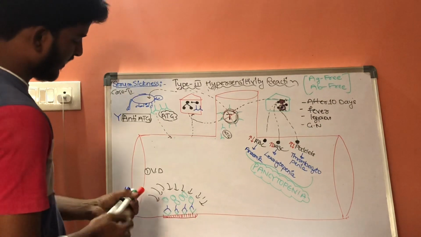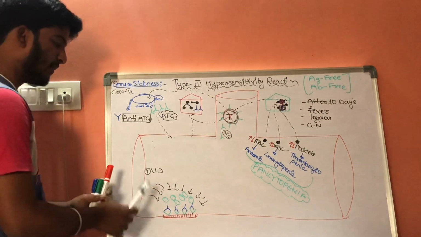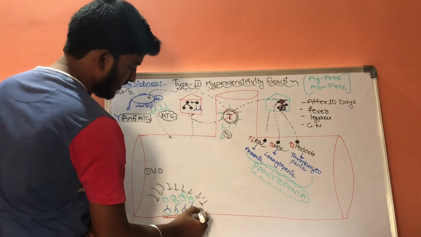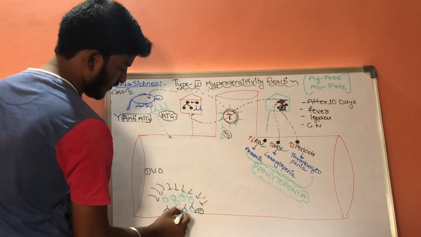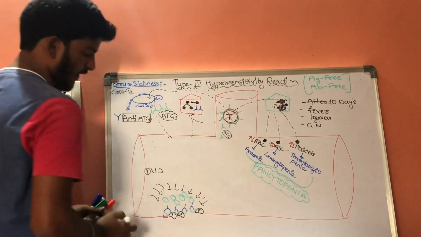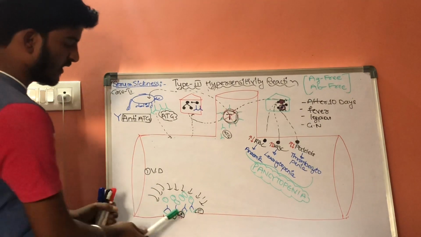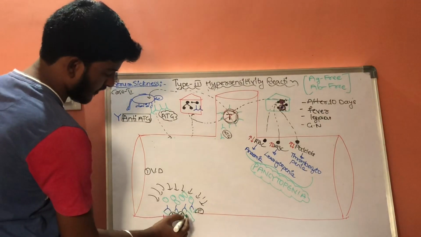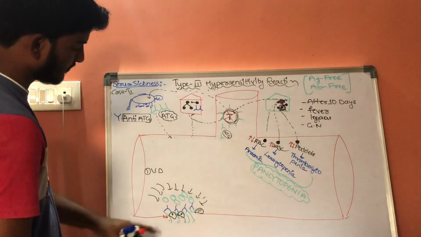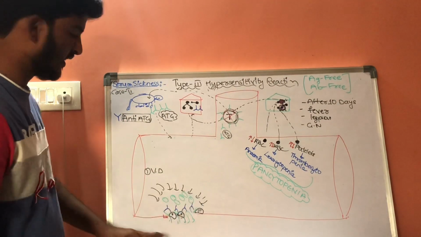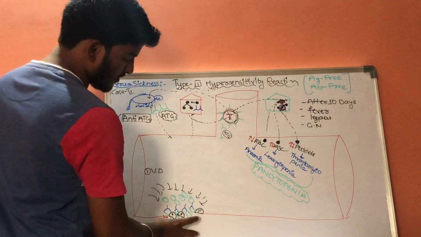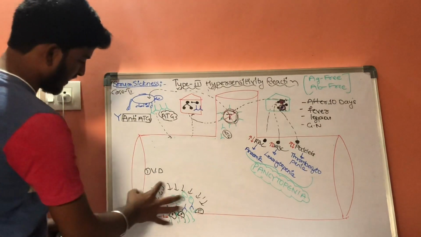Then, with the help of prostaglandins or chemical mediators, endothelial gaps will be generated. Whenever the endothelial gaps are generated, the permeability will get increased. So the proteinaceous fluid will be leaking outside, and only the non-proteinaceous part will get assembled here.